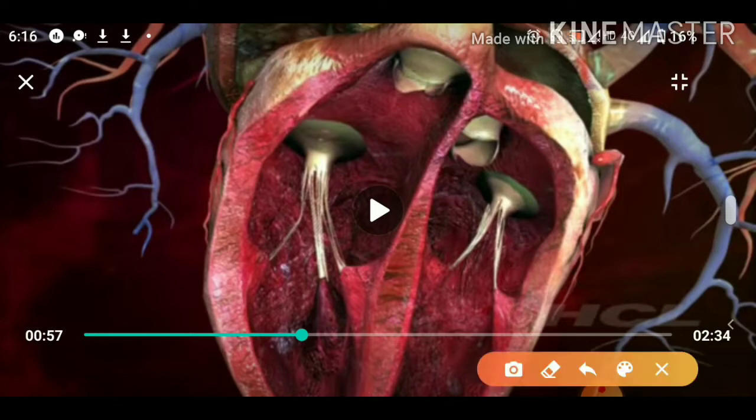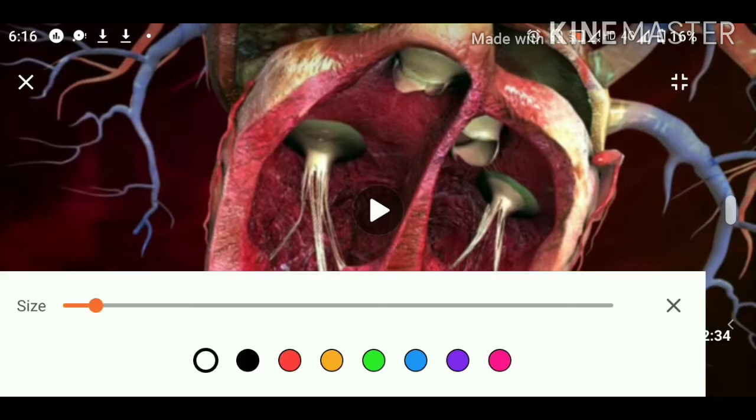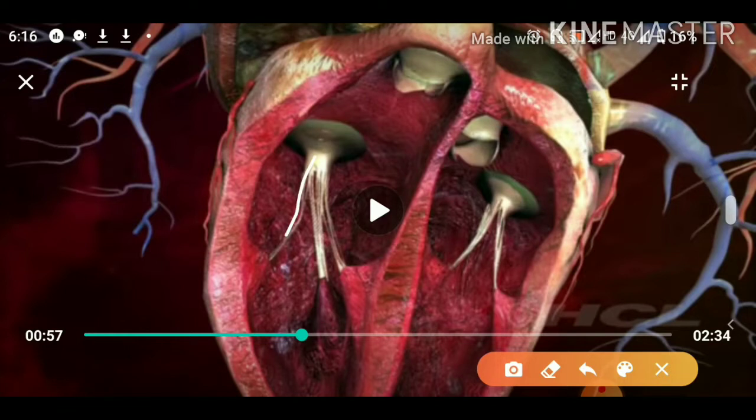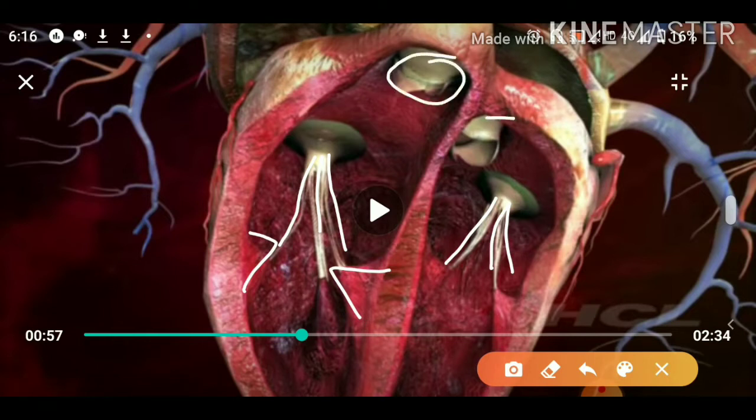Once again, you can notice these are chordae tendineae. I hope it is clear now. And these are papillary muscles from which it is attached. And these are semilunar valves.